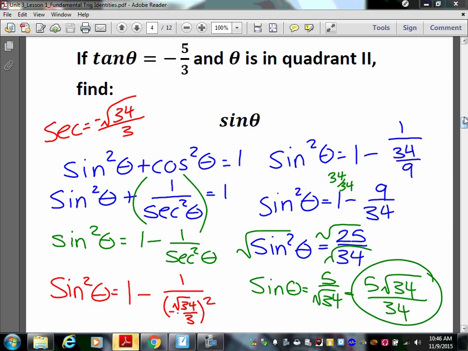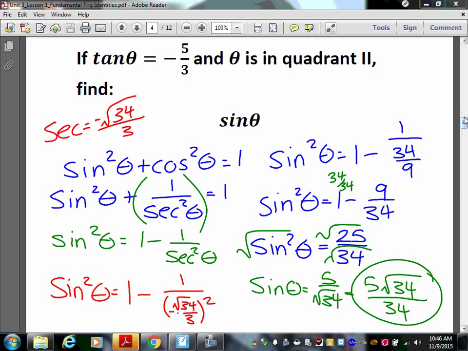Oh, got it. And this is positive because sine in the second quadrant is positive.